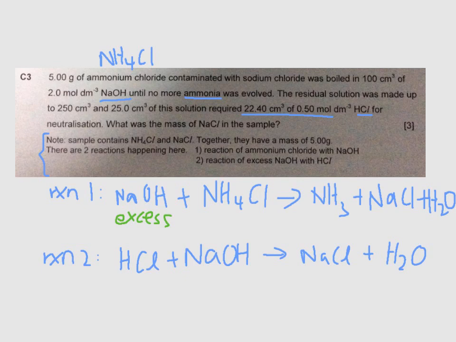So now, if you look at the question, the first thing that you can immediately do is to find the initial amount of NaOH that is used to react with your ammonium chloride, as well as the amount of HCl used for the titration reaction.